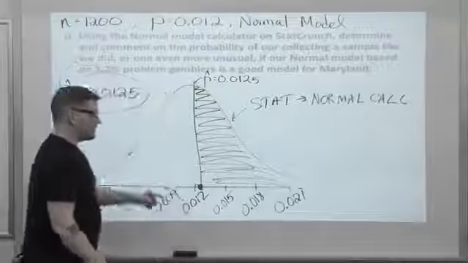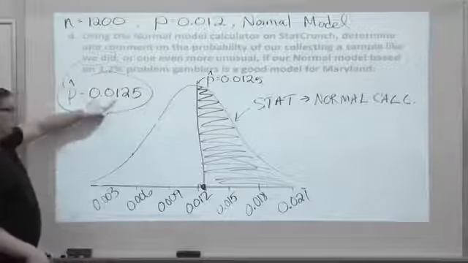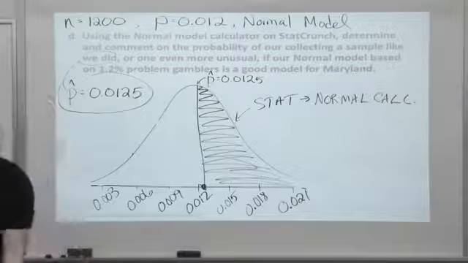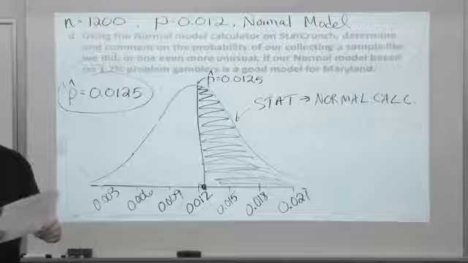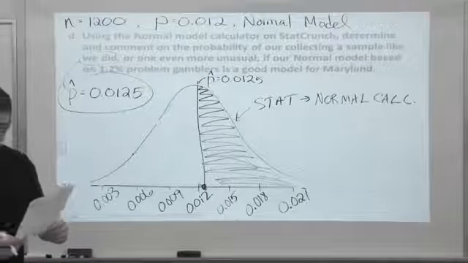So we'll do the Stat button, normal model calculator. Fill in the mean and standard deviation on StatCrunch, put greater than, and it's greater than 0.0125. And if I shade that, here's the answer. It is 0.4338.